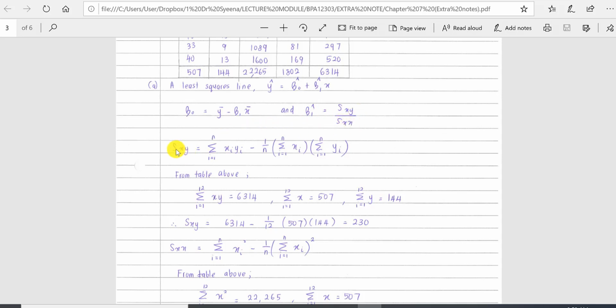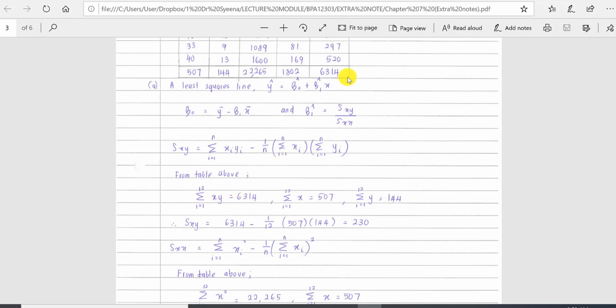We have the formula of Sxy: the summation of x times y, minus 1 over n times the summation of x times the summation of y. Now we must get the value of the total of x times y.